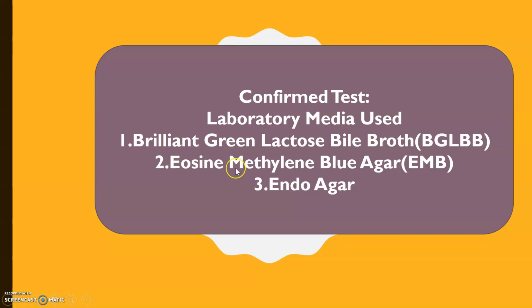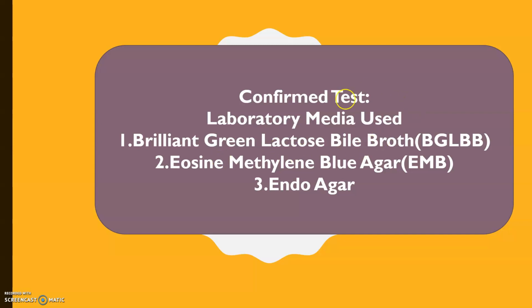The next medium is the eosin methylene blue agar. It is a selective as well as differential medium for coliform bacteria. Lactose produces glucose and galactose, and these are further metabolized by the EMP pathway to produce pyruvic acid.